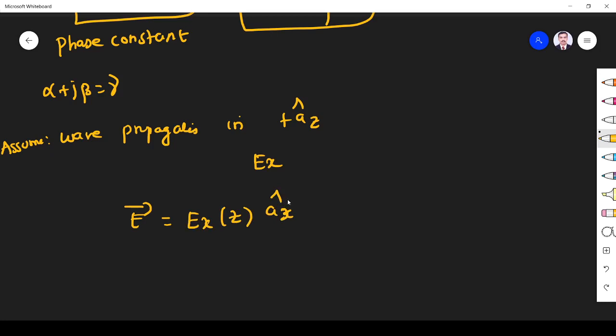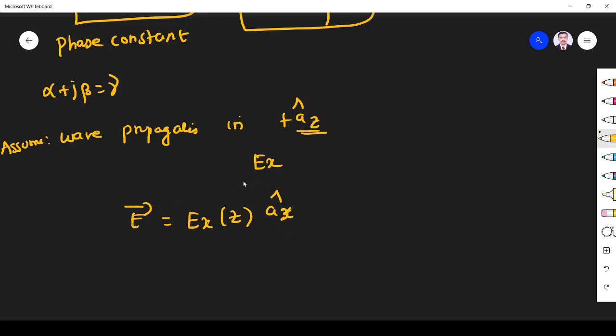So please remember, the wave travels in the z direction, and the electric field is directed along x because it has only an x component, right?